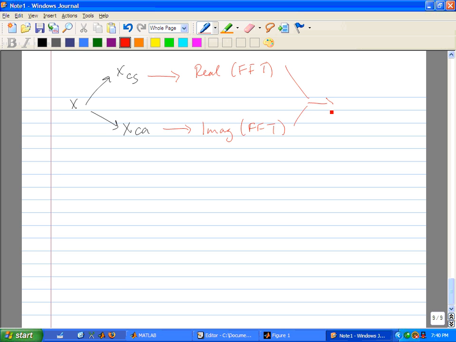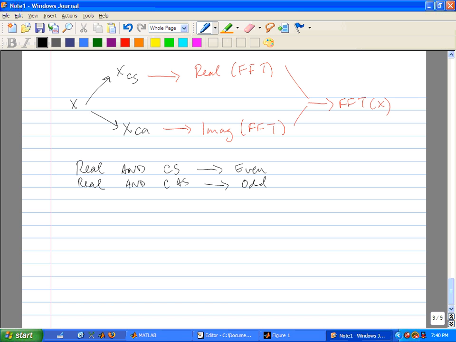If you add those together, you just get the FFT of x. We also recall from before that if you have a signal that's both real and conjugate symmetric, that means even. And if you have a signal that's real and conjugate antisymmetric, that means odd.